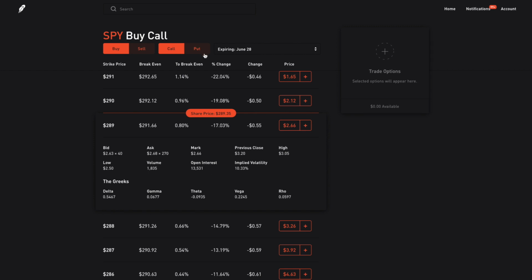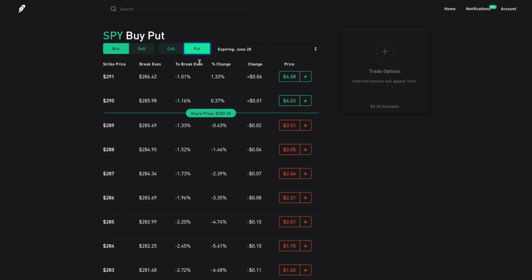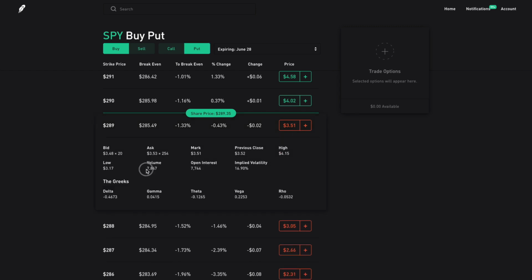There's 13,531 open interest, which we'll talk about in just a moment, but actually we'll be covering it a little bit here as I'm giving you these examples. When you compare that to puts for the same at the money option, you're obviously paying more, and the volume has increased to 7,847. So more volume got exchanged from calls and puts.